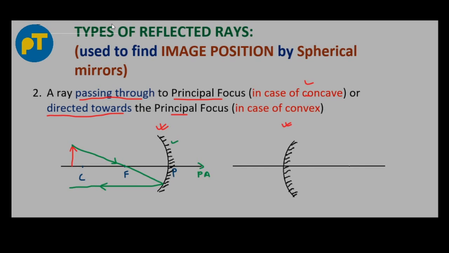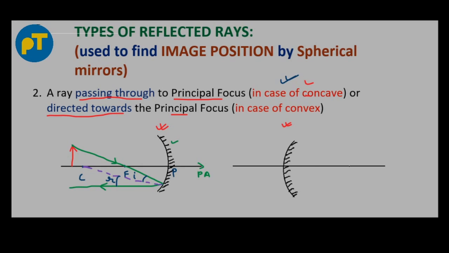Like we have discussed earlier, the imaginary line joining the center of curvature and the point of incidence would be the normal, and therefore we can mark the angle of incidence here and the angle of reflection here. This is the case in concave.